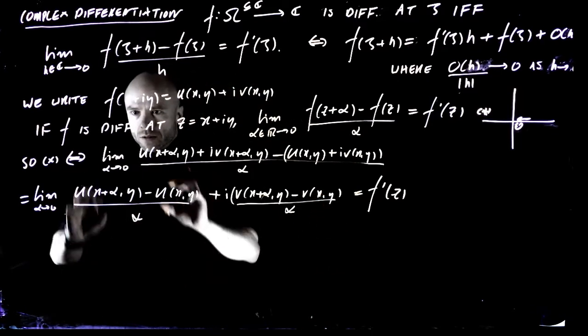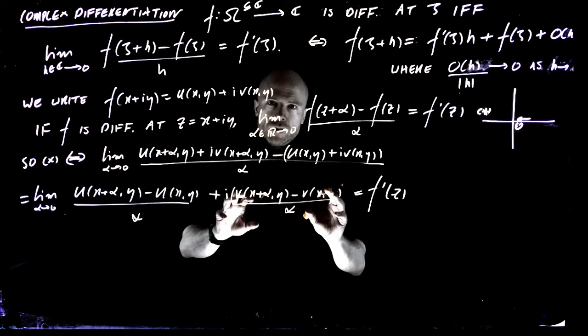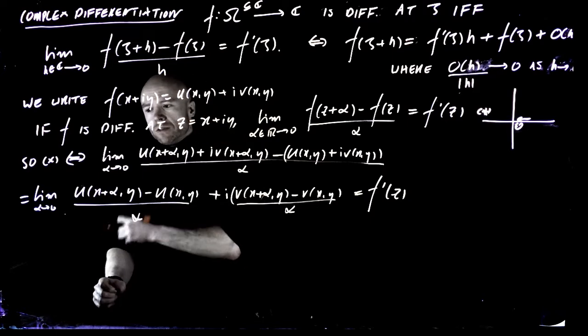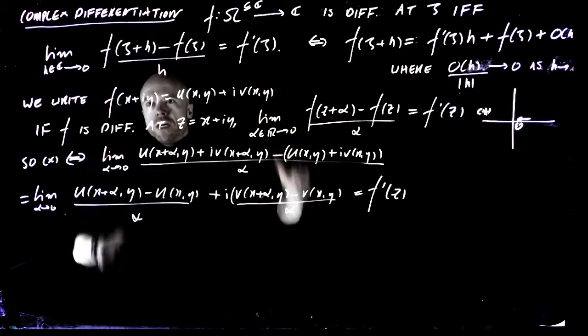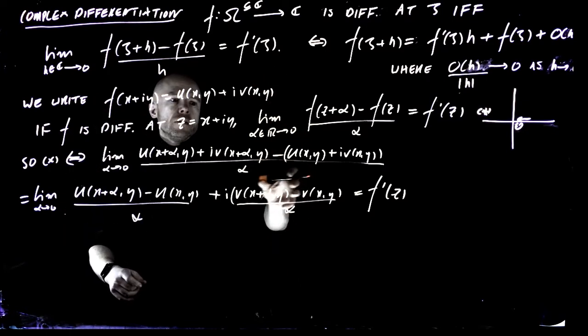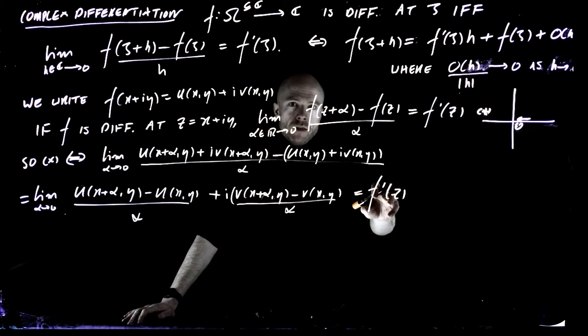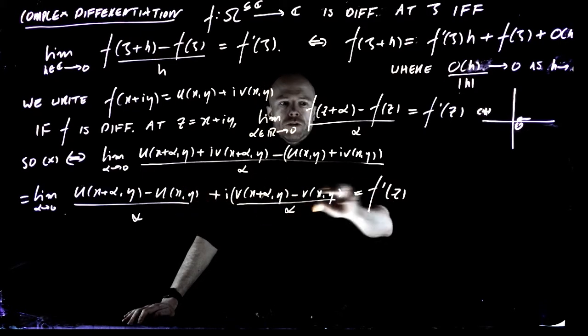So if this thing as alpha goes to 0 doesn't have a limit, there's no way that this guy can save it so that the sum of these two guys ends up having a limit together, right? Yeah? Another way to think about this is just to say, okay, we could take this complex number and project it down onto the real numbers, right? And if we did that, then we would not see this guy, and we'd just see here the real part of this, and therefore we would have that this limit would have to equal the real part of this, right?